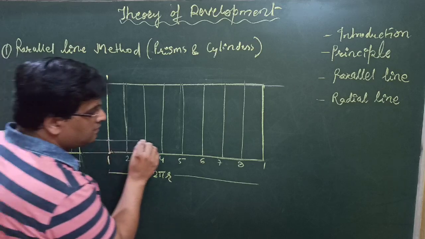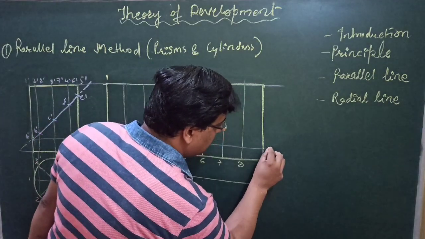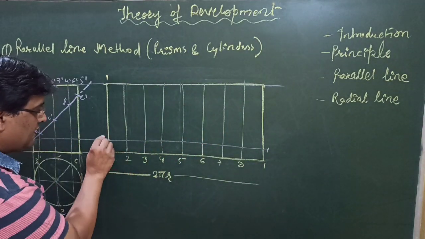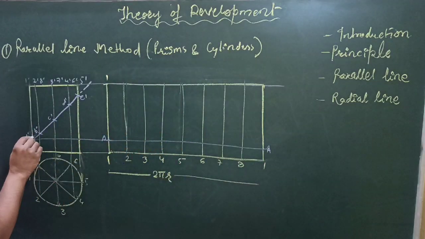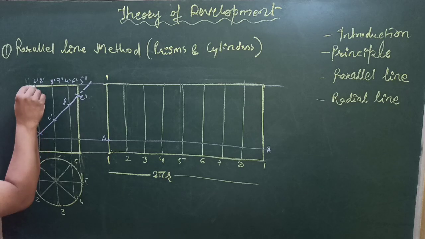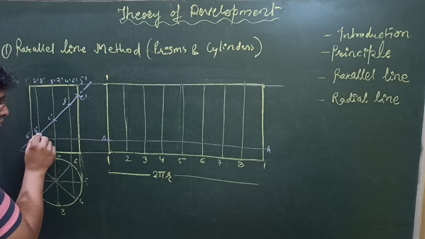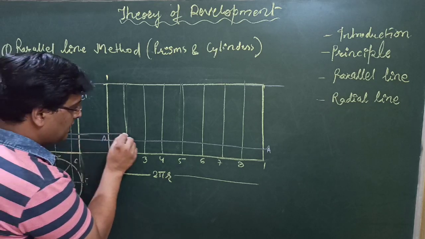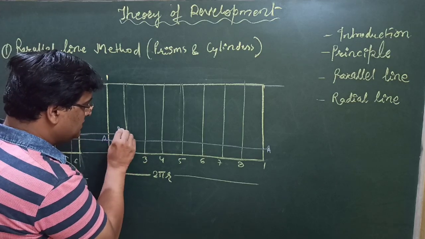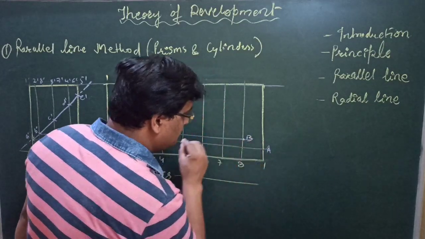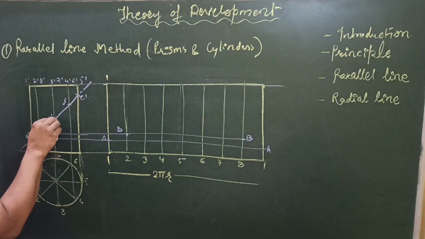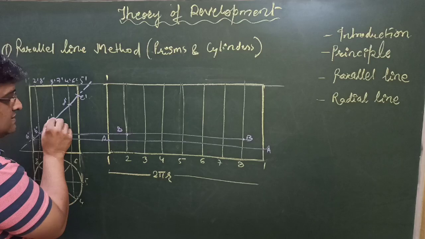So 1 1, so this will be A actually, this is A, this is A, this point is A dash. Now B dash, it is cutting 2 and 8, so drop it on 2 and 8. So this is B, this is B. Then 3 7 will be cut by C.